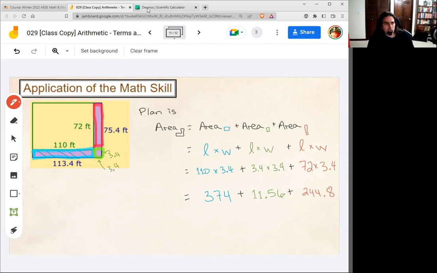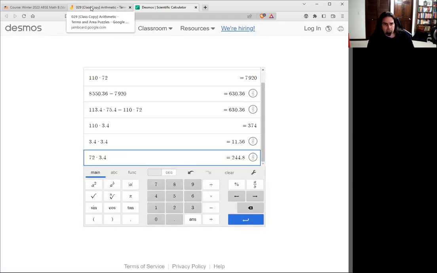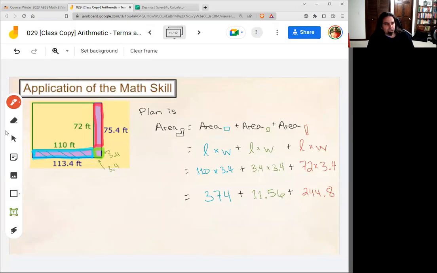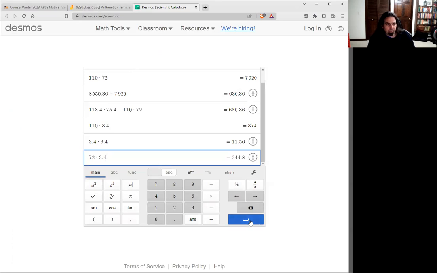Okay, did I transfer all of those correctly? Looks like I did. Okay, finally add them all up. And what do I get? The 374 and the 11.56 and the 244.8, 630.36.